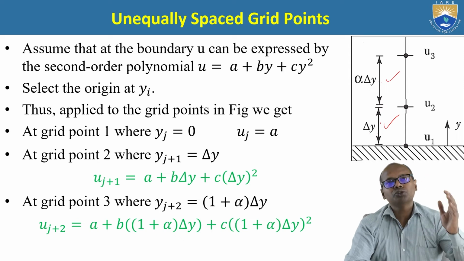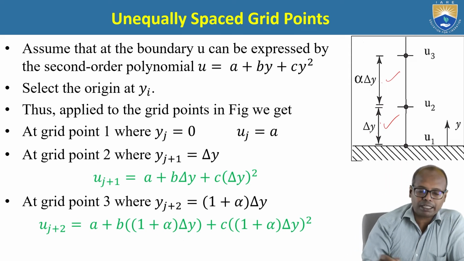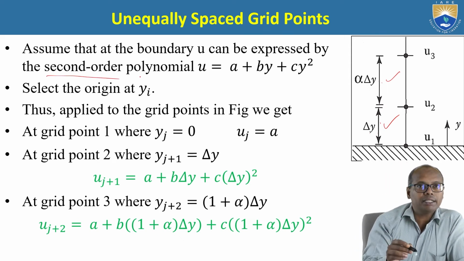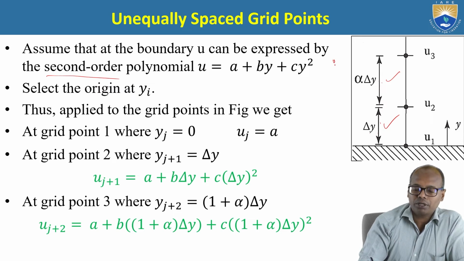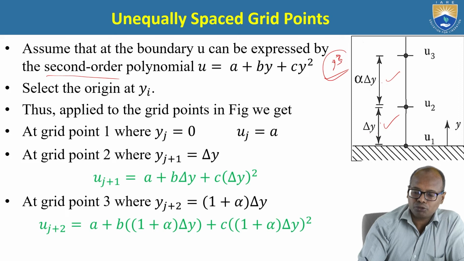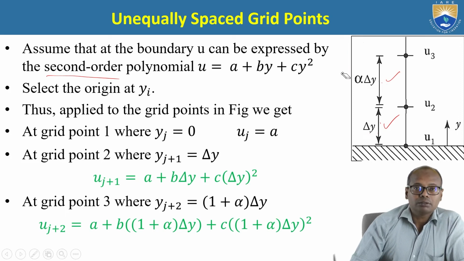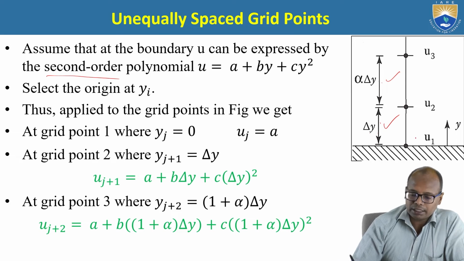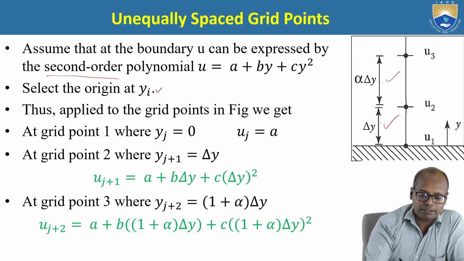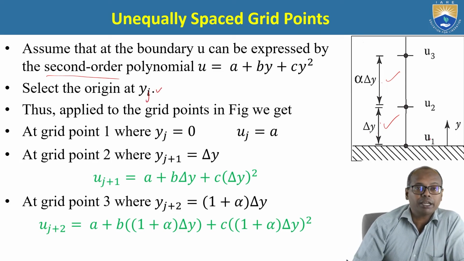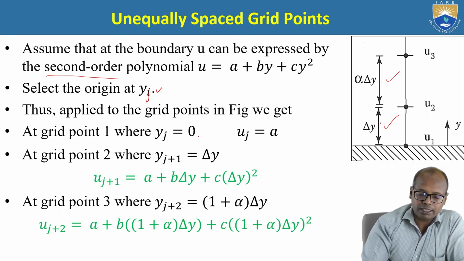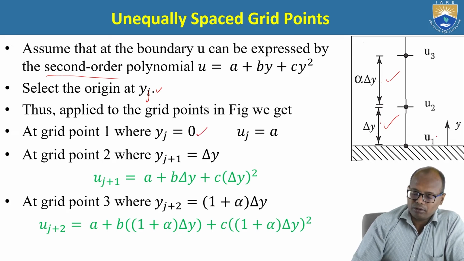Again we will use the same polynomial of second order. We have seen why it is called second order, because we are neglecting y cube terms. At origin it is yj, and at yj it is 0.